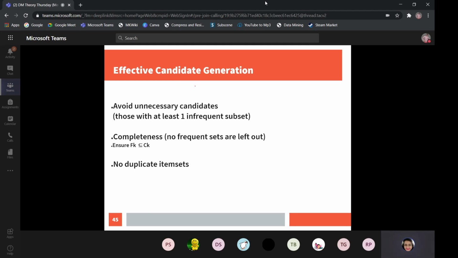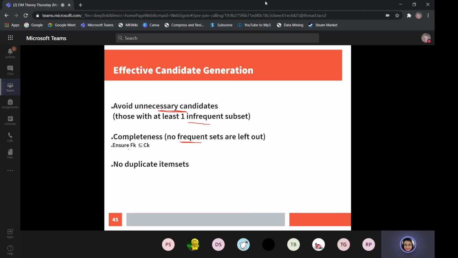Now, what are the properties of an effective candidate generation algorithm? It should avoid unnecessary candidates. The candidates that are unnecessary or infrequent should be avoided, and the Apriori algorithm is doing that. It should be complete, that is, you should not leave out any frequent sets.